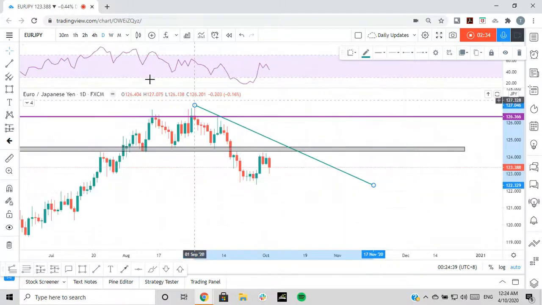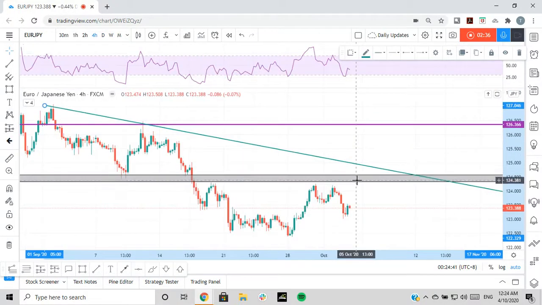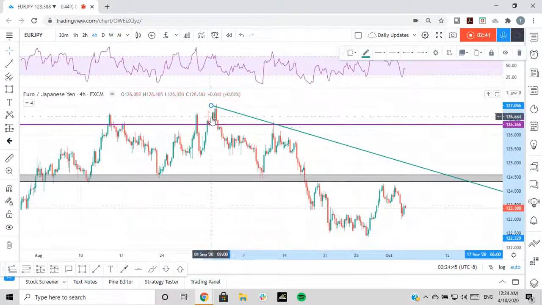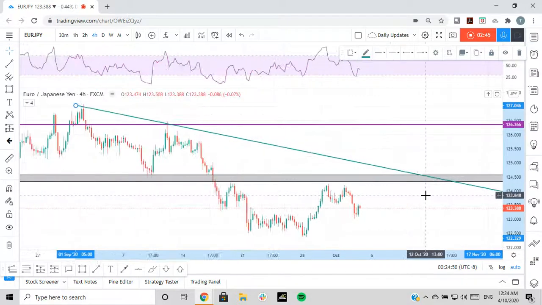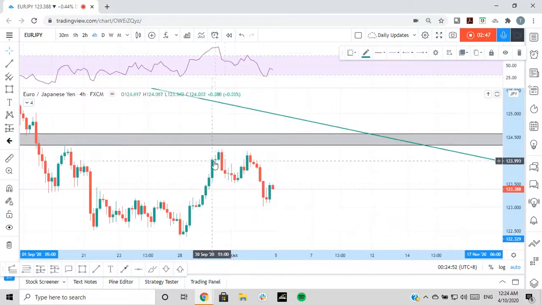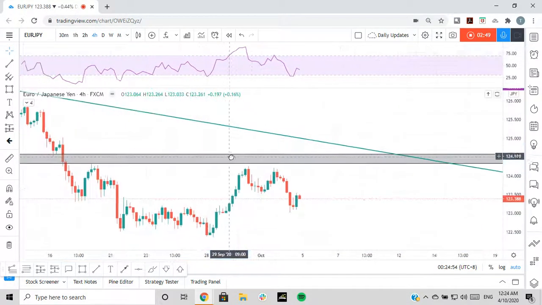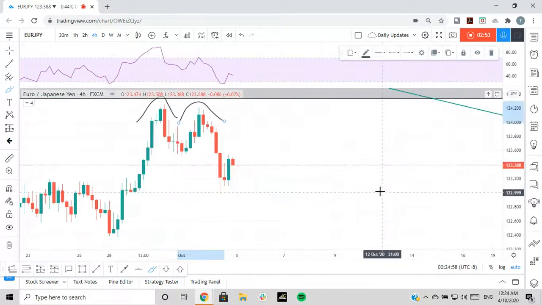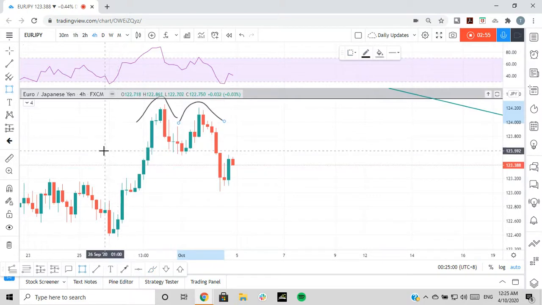So how are we going to trade it? Let's go down to here. You'll notice that we are actually still on the downside of it, and we are testing it. Right now you will notice that we have a double top here. So what I'll be expecting is a retest.